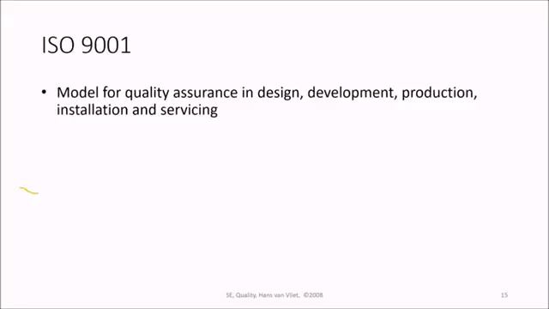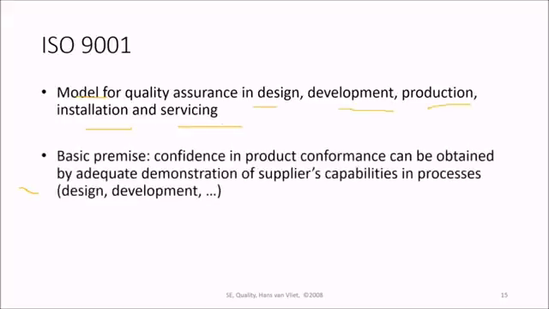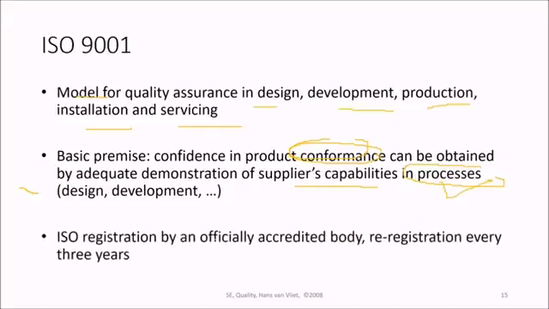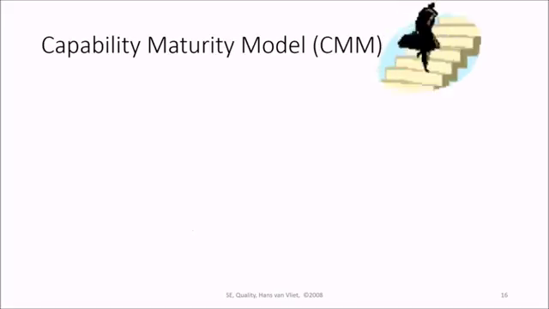The basic premise is that confidence in product conformance can be obtained by adequate demonstration of the supplier's capability in the processes, design and development processes. ISO registration is by an officially accredited body, with re-registration every 3 years and an audit in between.